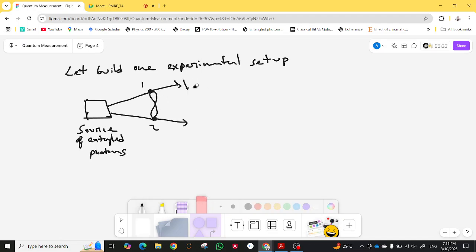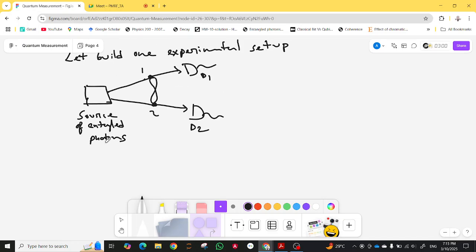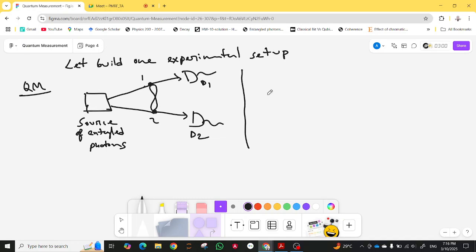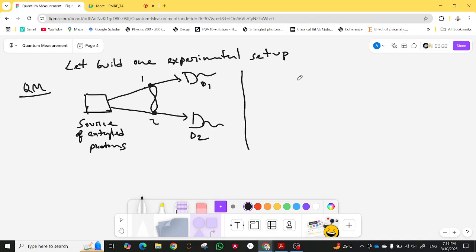This is your D1 detector and this is your D2 detector. This is quantum entanglement, right? You have a source of entangled photons. This is quantum mechanics.